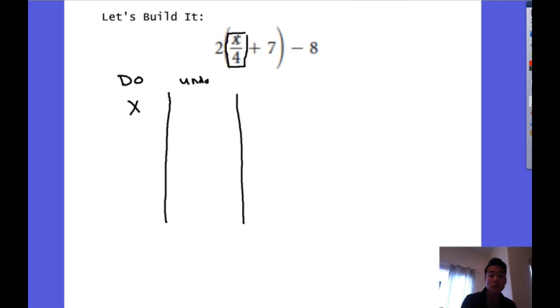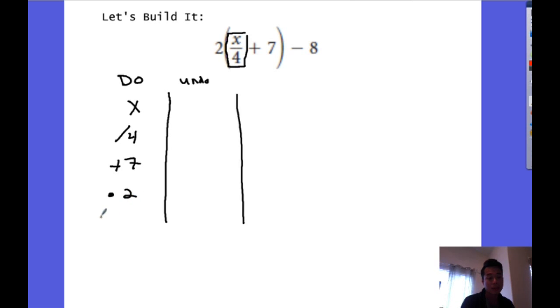The first thing that happens to my variable is it gets divided by 4. After it gets divided by 4, inside the parentheses, it's being increased by 7. After it's being increased by 7, it gets multiplied by 2. I know that because we're going left to right, and order of operations tells me that I do multiplying before subtraction.